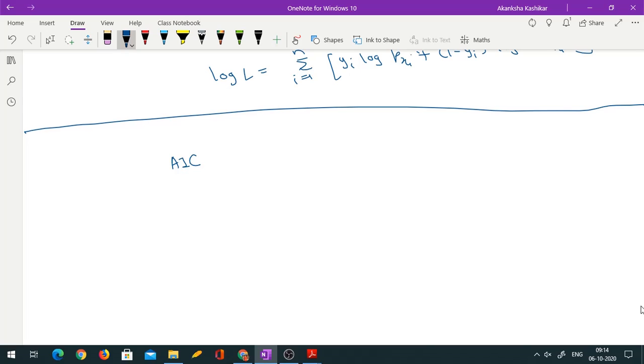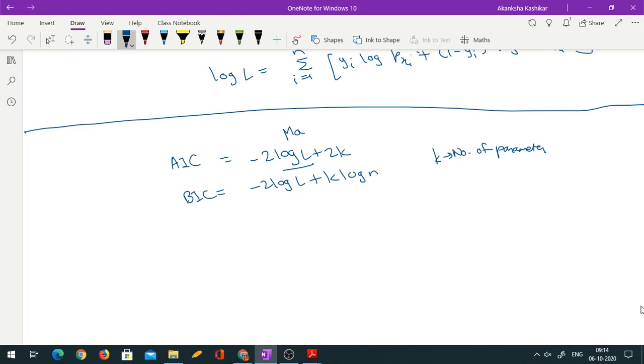How would you choose a model? Model selection is done via AIC and BIC. AIC is minus 2 log L plus 2k. BIC is minus 2 log L plus k log n, where k is the number of parameters in your model. Log L is the maximum value of the log likelihood.